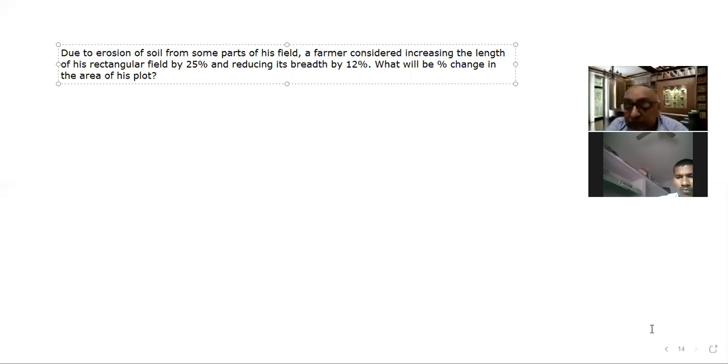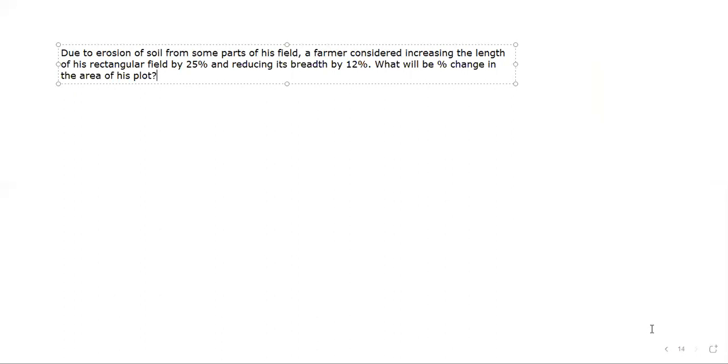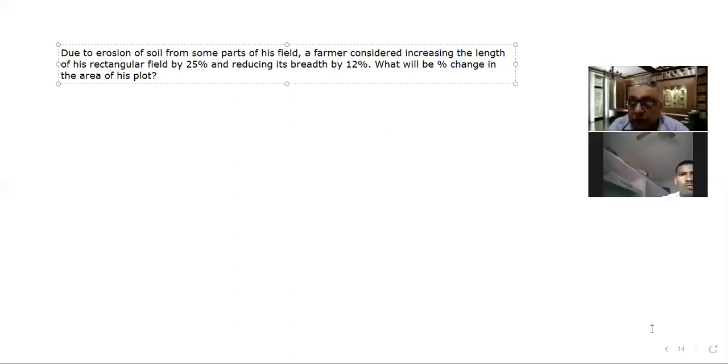So we need to find what percentage change can be there in the area of the plot. Let us try to solve it.